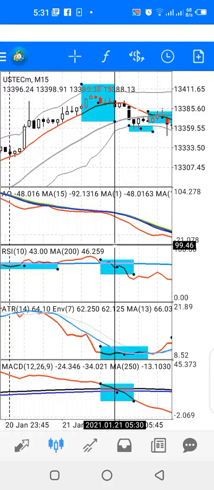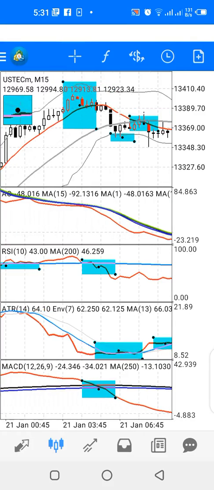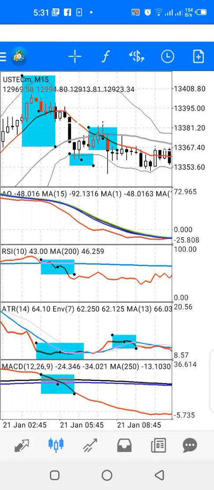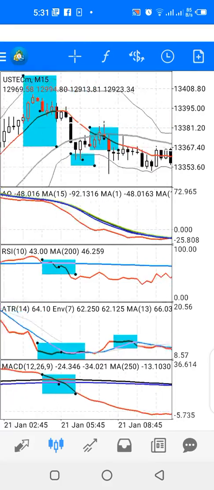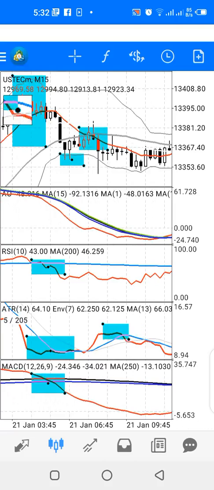All right, with the exception of indicator window 3, which is telling us cross up. Indicator window 3 told us cross up around here, but it's now telling us cross down somewhere around here.